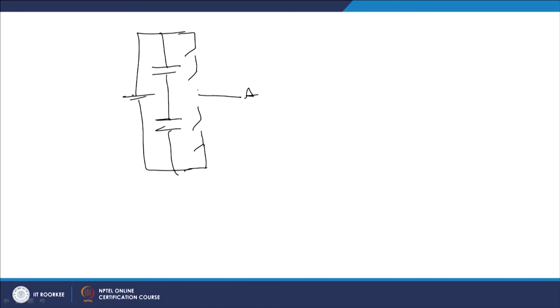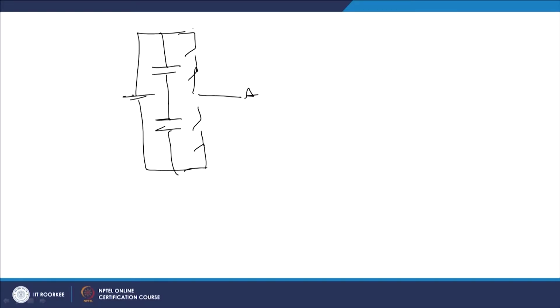When it is connected, it is required to block the voltage of VDC, and the current is required to be bidirectional.